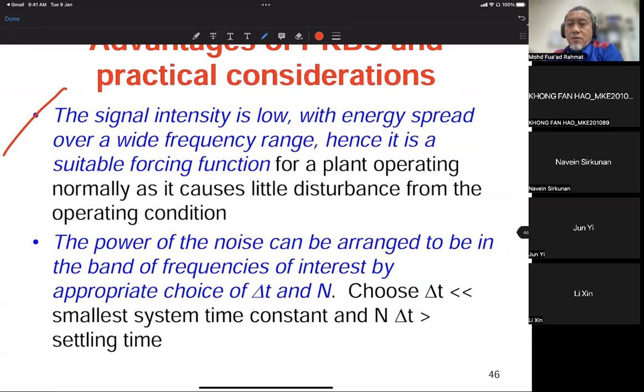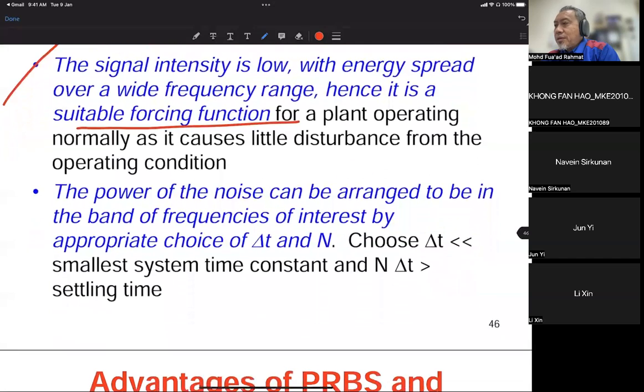Hence, it is suitable for forcing functions. Okay, so the energy is spread over a very big range of frequency, so it is easy for you to capture more frequency in the region of interest.